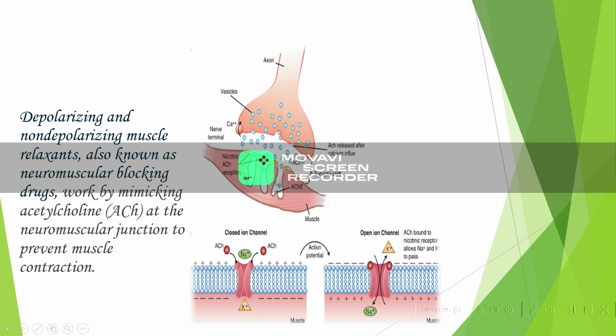As a result, sodium ion influx occurs in the muscle, and the muscle is easily relaxed. So this is the normal phenomenon behind the mechanism of depolarizing and non-depolarizing muscle relaxant drugs. These drugs are also known as neuromuscular blockers because they mainly block the nicotinic receptor where acetylcholine binds.